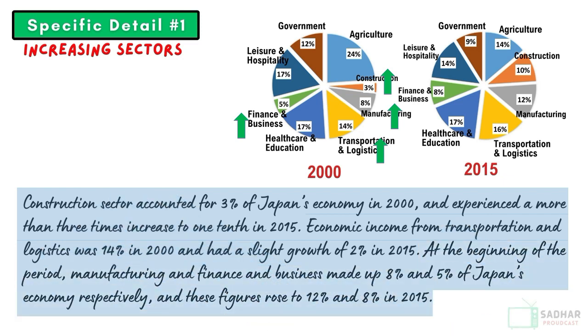At the beginning of the period, manufacturing and finance and business made up 8% and 5% of Japan's economy respectively, and these figures rose to 12% and 8% in 2015.